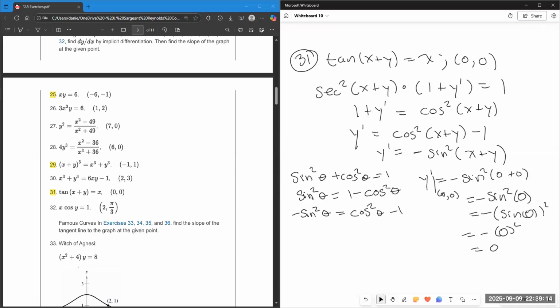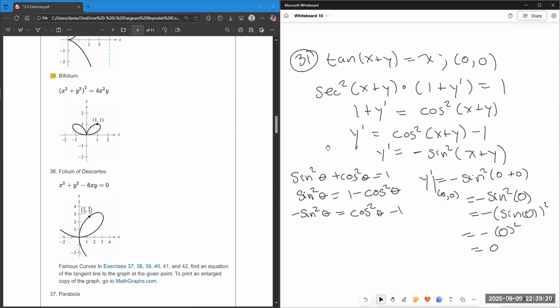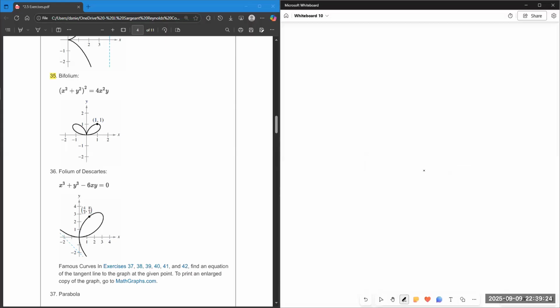All right. Let's look now at number 35. It says that x squared plus y squared is equal to 4x squared y.